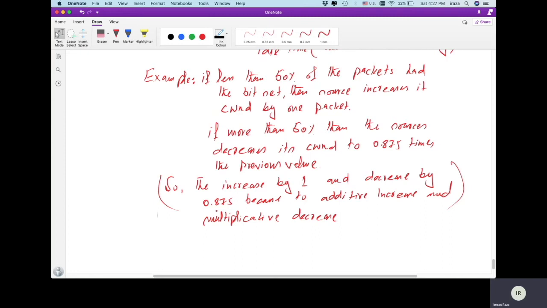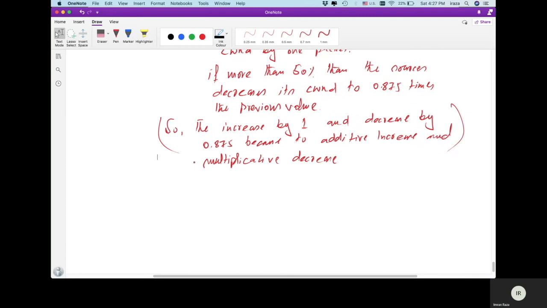So what do you think? What are the problems with the DECbit? The problem with the DECbit is that if you want to include it with the typical congestion control mechanism, we need to send explicit congestion notification by the routers.